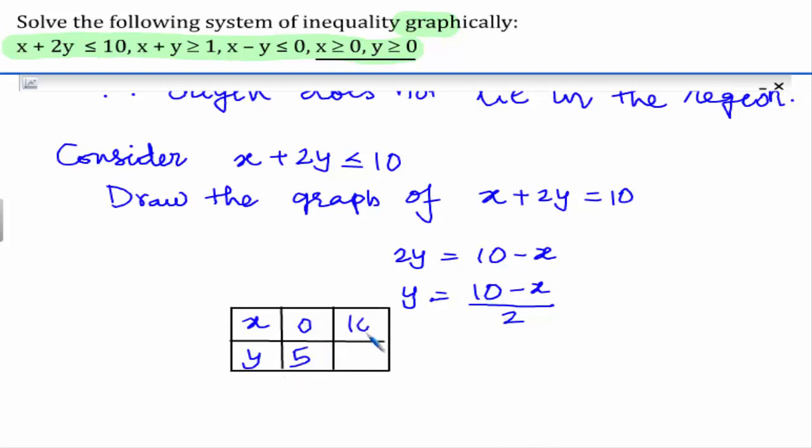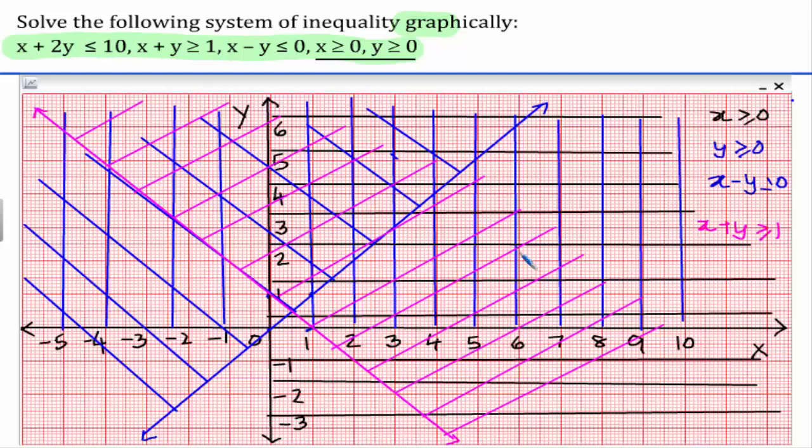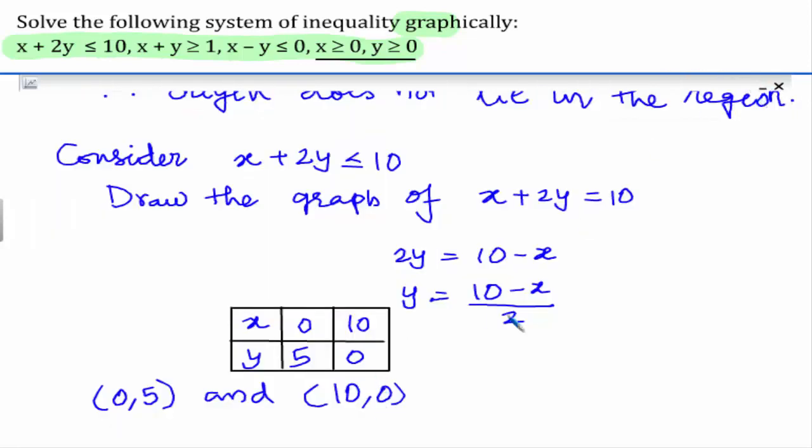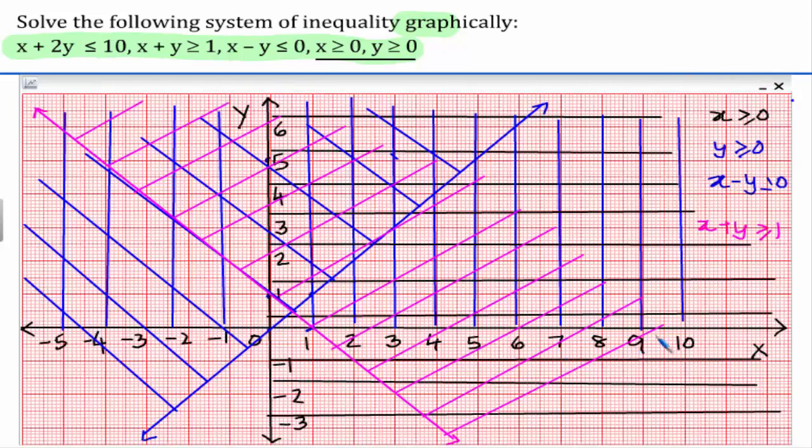If x is equal to 10, then y will be 0. So the ordered pairs will be 0, 5 and 10, 0. Now let us plot these points. 0, 5 will be here and 10, 0 will be here. Now let us join those 2 points.